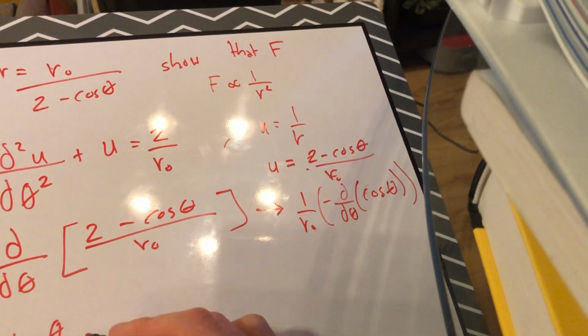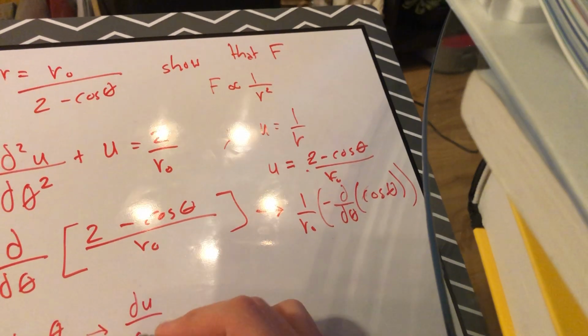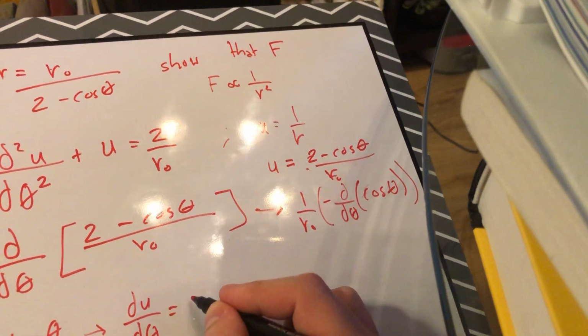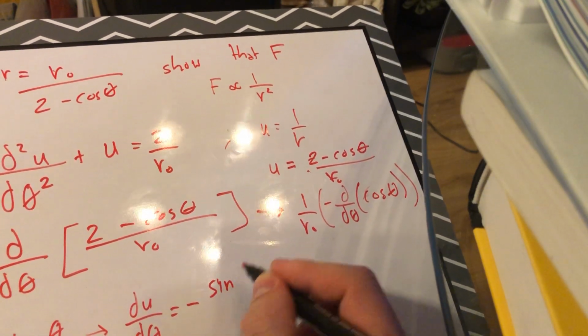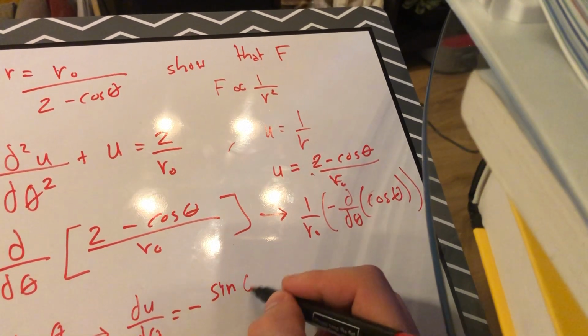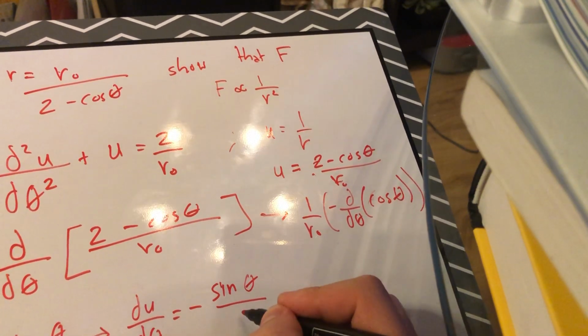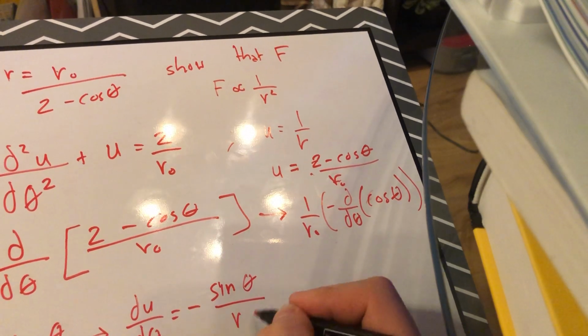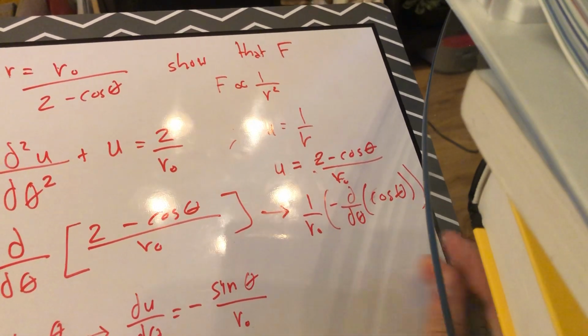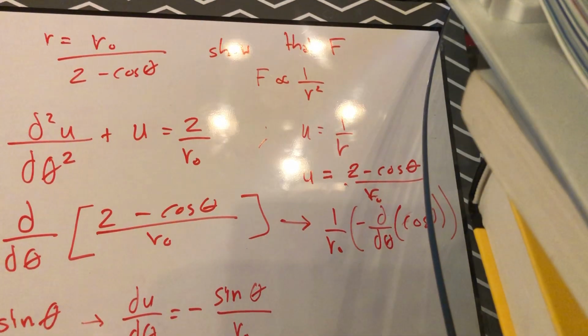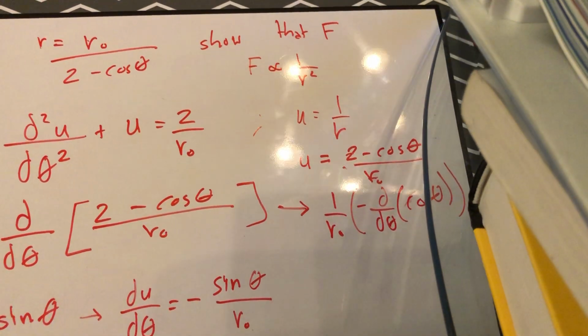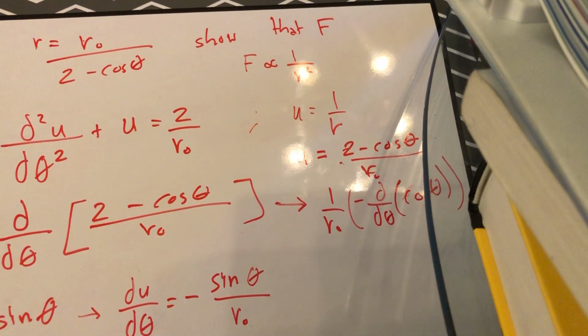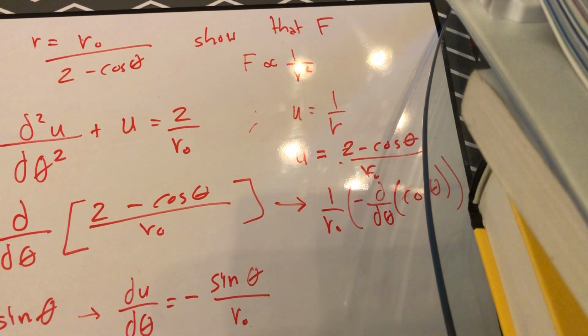So that's essentially saying that du d theta is equal to negative sine theta over r sub naught. Let's make sure that all seems kosher.